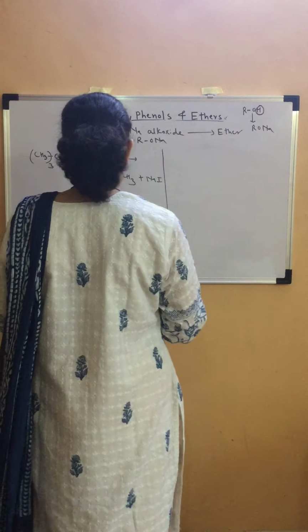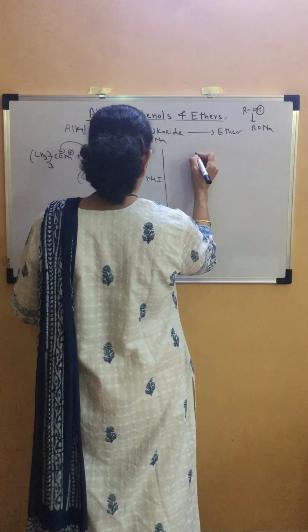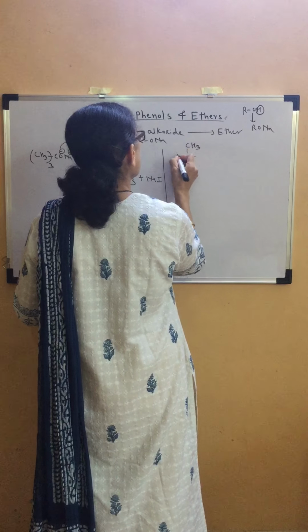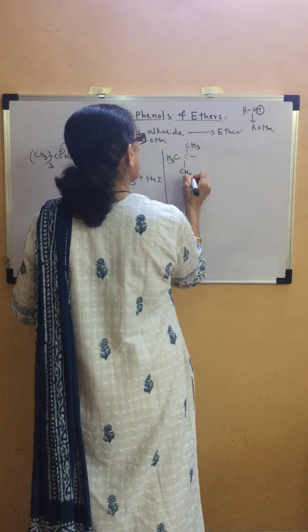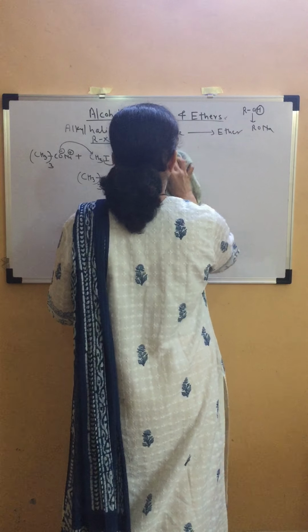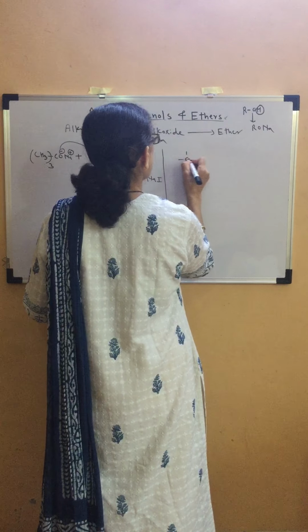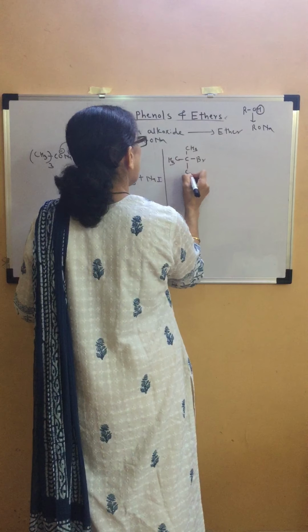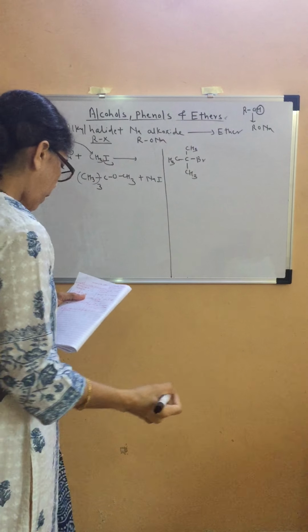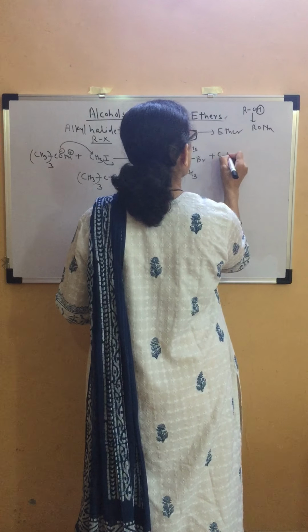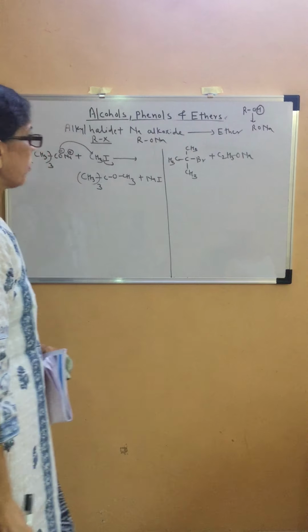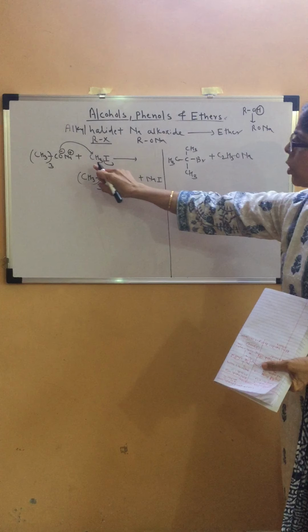See, if you have tertiary alkyl halide (CH3)3CBr, that is tertiary butyl bromide, and if you have C2H5ONa, sodium ethoxide, that means here we have taken alkyl halide tertiary and sodium alkoxide primary, exactly opposite to this.